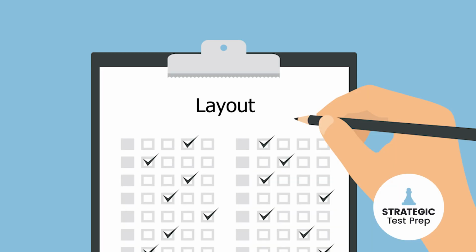So for instance, let's say that your highest score or category was standard English conventions, and you have all the bars filled in for that. That would mean that it'd probably be best for you when you get to the English module to jump right to number 15 and start with the standard English conventions. So definitely start with whatever your strength is.